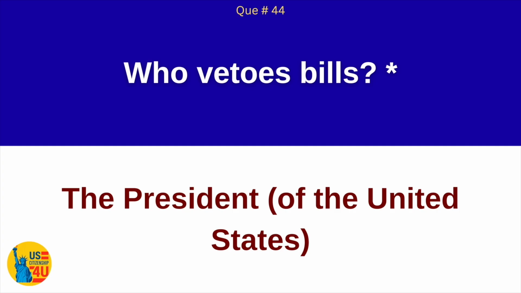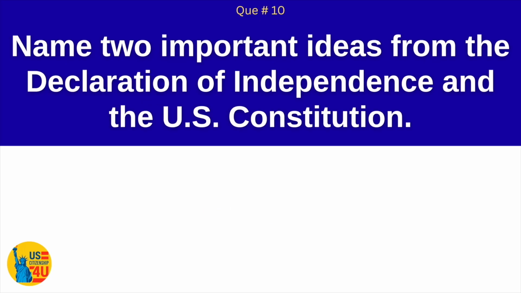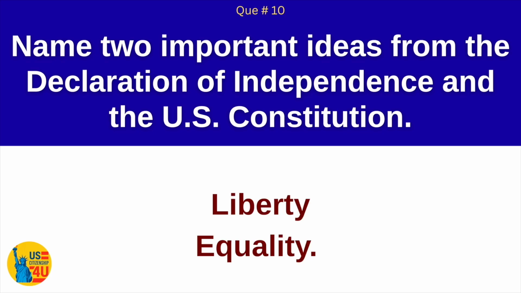The President of the United States. How many seats are on the Supreme Court? Nine. Name two important ideas from the Declaration of Independence and the U.S. Constitution. Liberty. Equality.